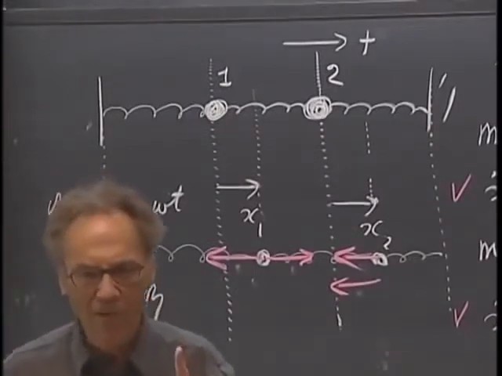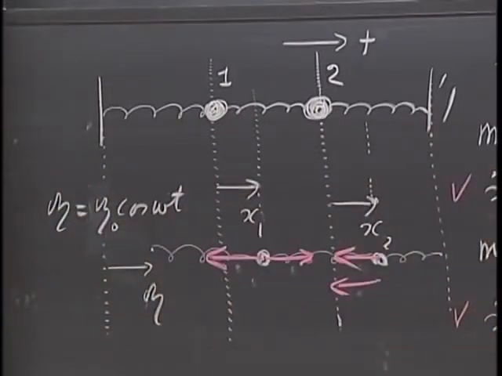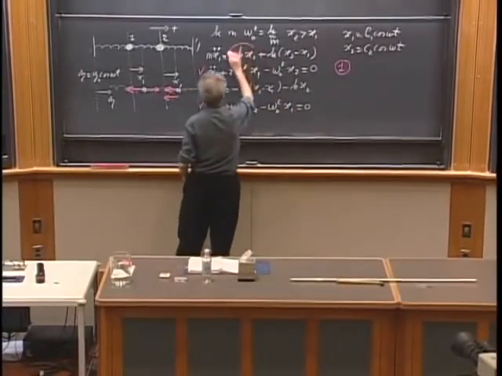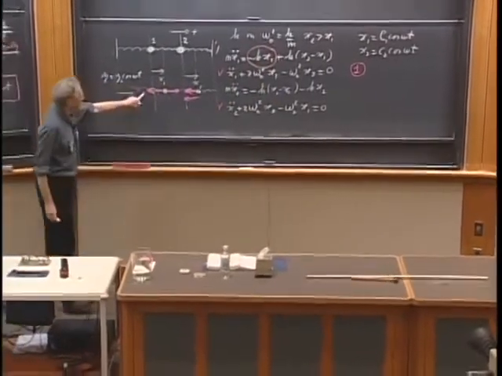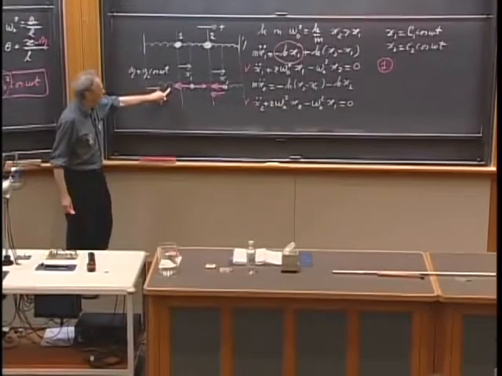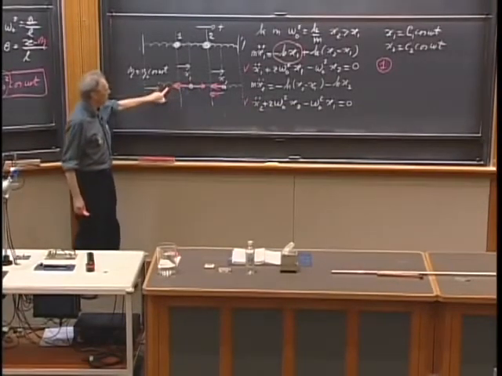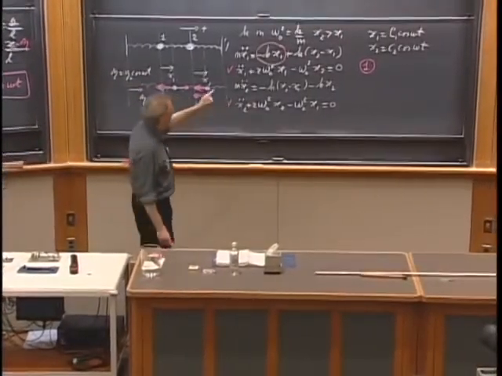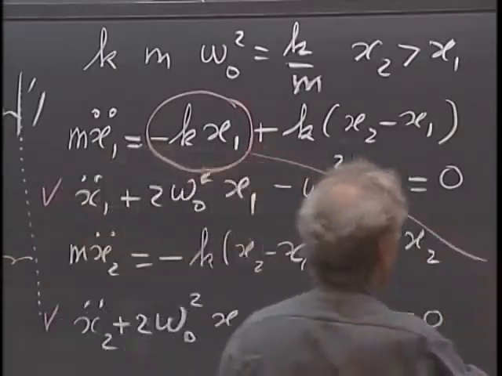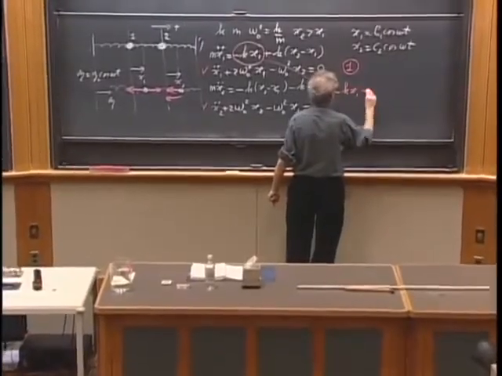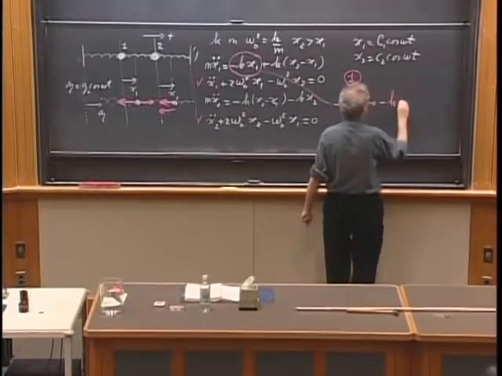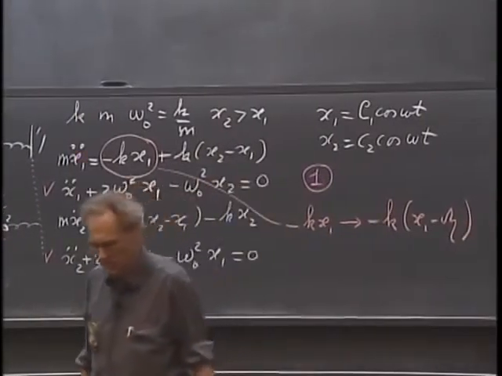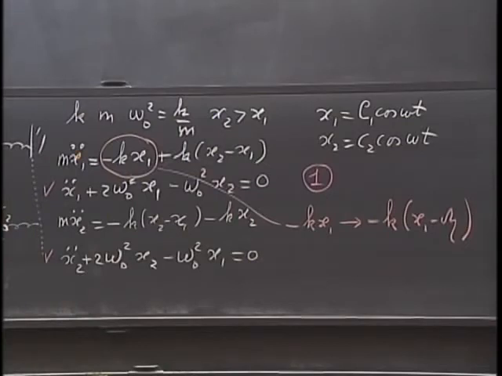There is only one term in all of this on the blackboard that is going to change, and that is this term. This spring here on the left is no longer shorter by the amount x1, but is shorter by the amount x1 minus eta. And so it's only this minus k x1 that now has to be changed into minus k times x1 minus eta. Nothing else changes.